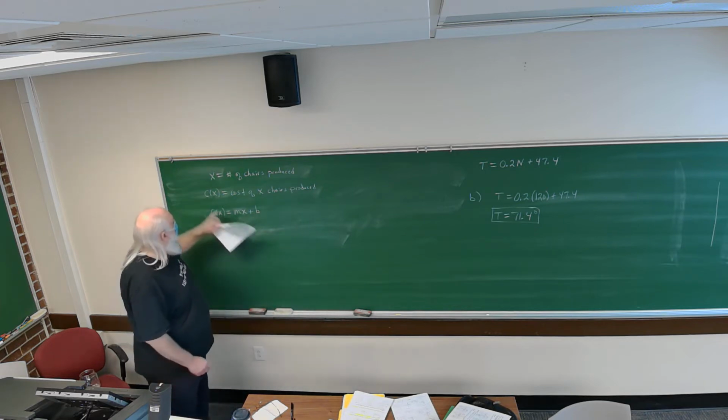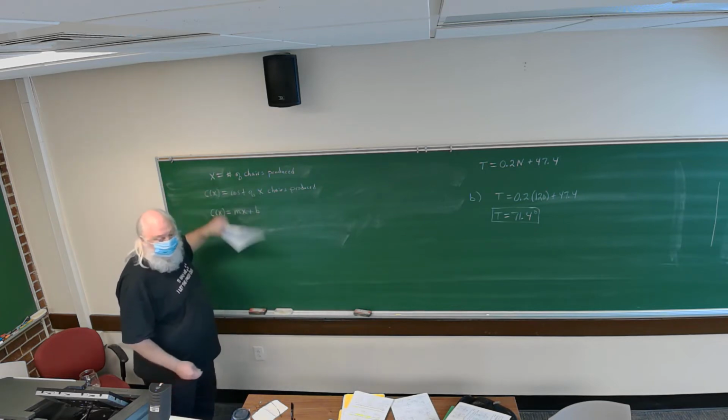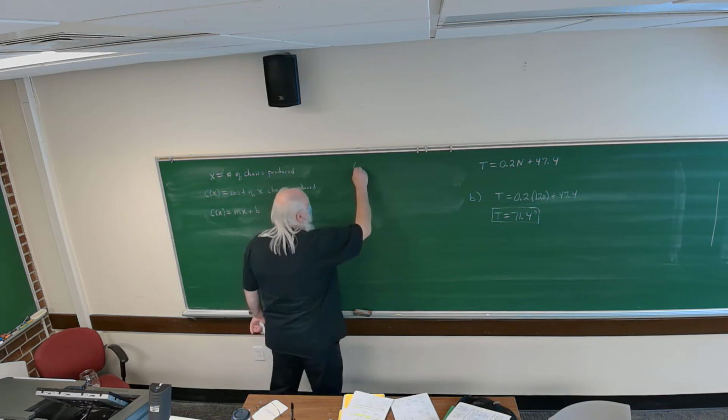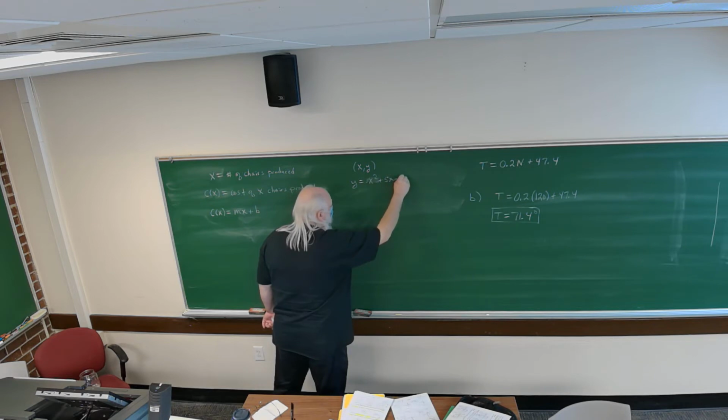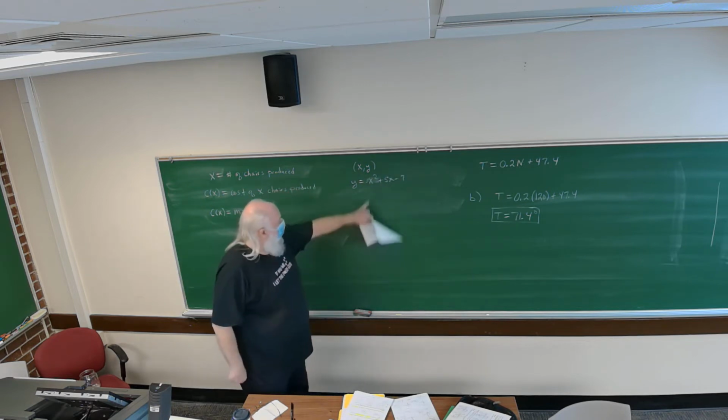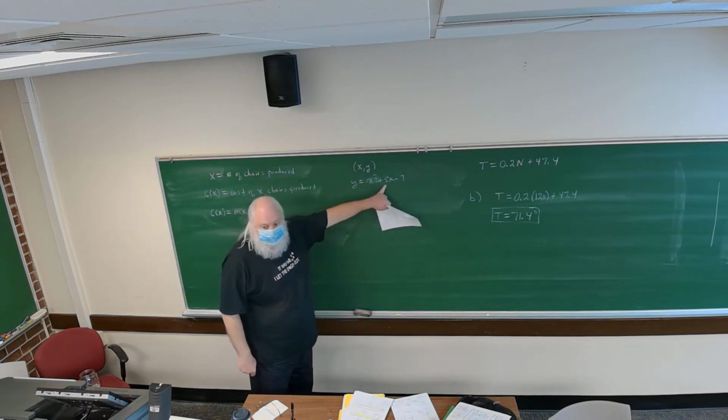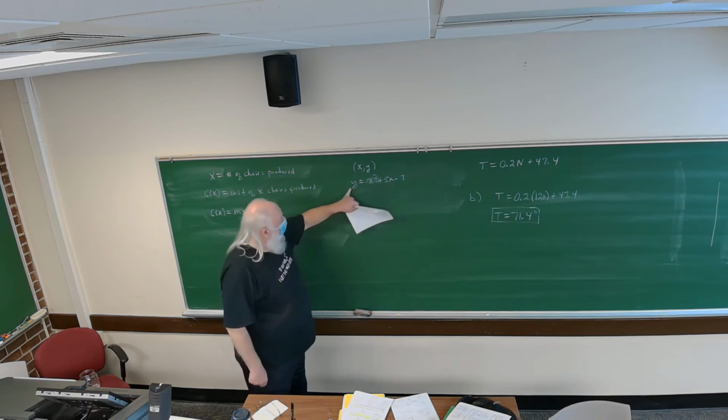So, X is the independent variable, right? When we write an ordered pair, X, Y, right? Or write an equation, Y equals, right, X squared plus 5X minus 7. X is the independent variable, right? It's on the right-hand side. Y is the dependent variable.